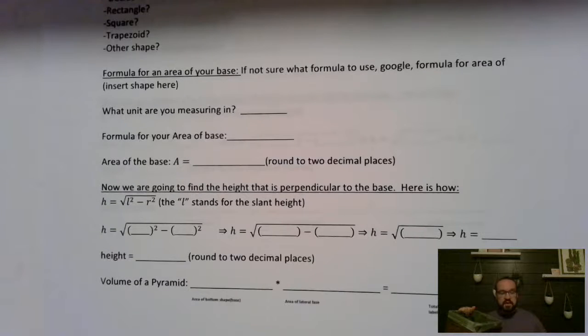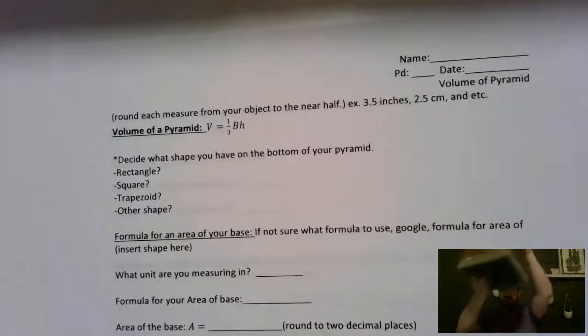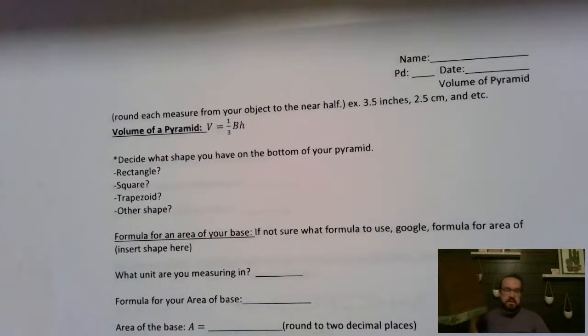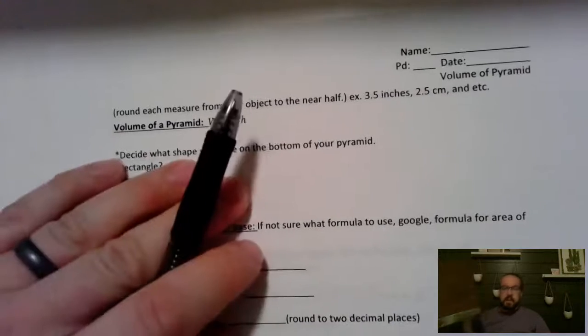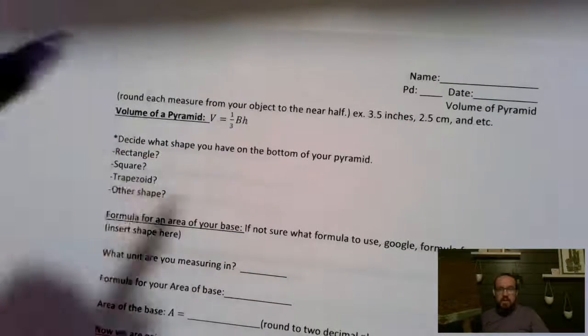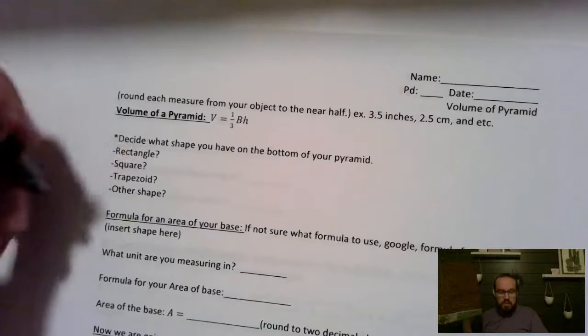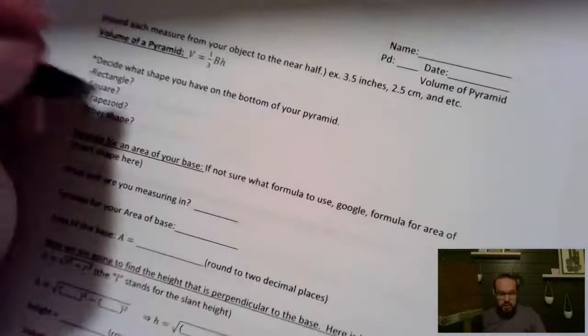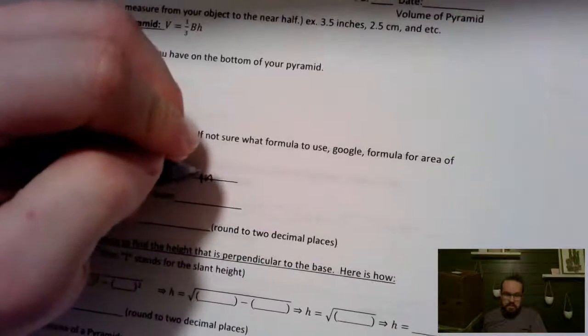All right, so for this, decide what shape we have in the bottom. So again, nice empty trash can, very nice, about keeping that empty. If you recall from the previous time, it was just a square. I'm going to be measuring in inches.